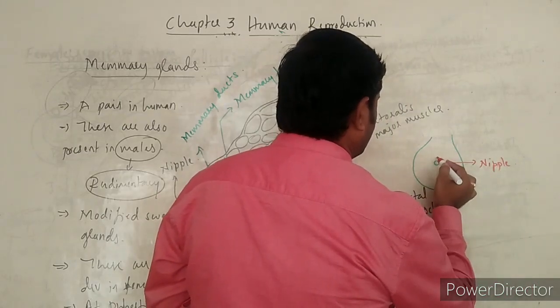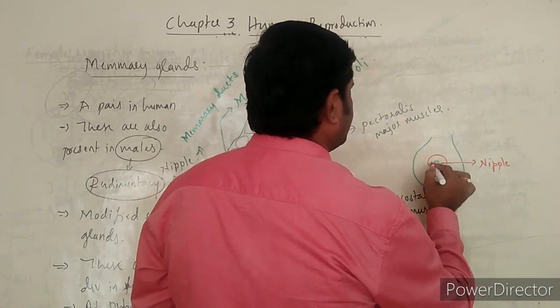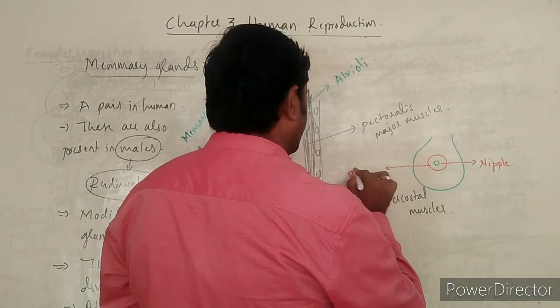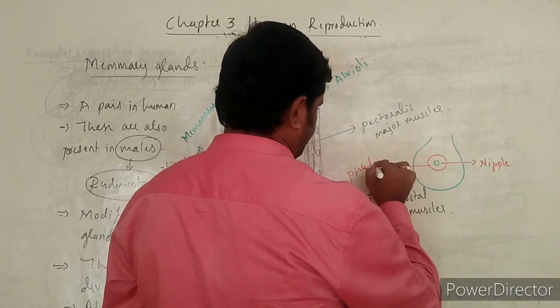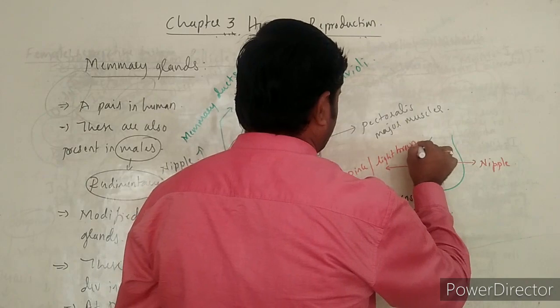right? Around the nipple there is pigmented skin, and this pigmented skin is a little dark pink in color, or it may be a little light brown in color, right?